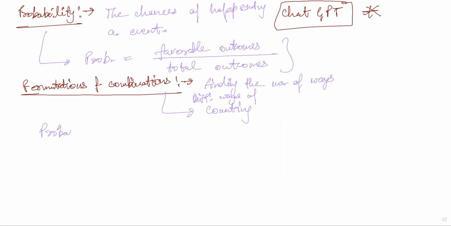Probability will be divided into two parts. One part will be related to PNC, which is basically the extension of your previous knowledge. Here the formula will apply: favorable divided by total outcomes, this will keep going again and again. The interesting part will be how to find out the total number of outcomes and how to find out the favorable number of outcomes for the given question.